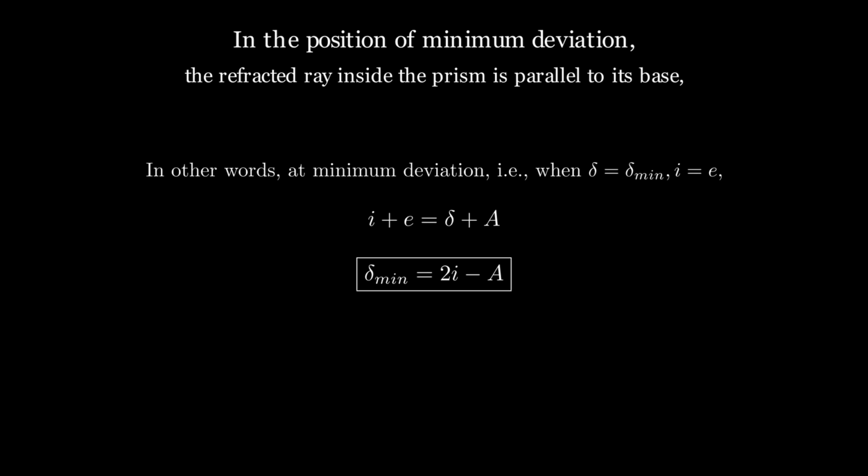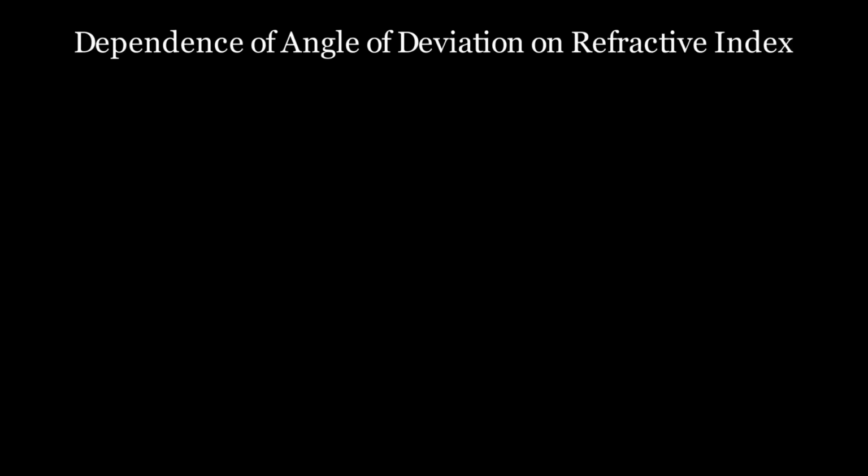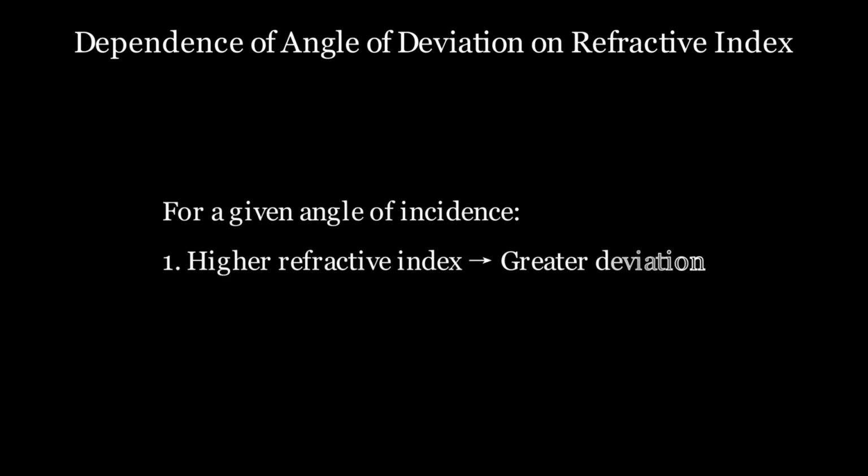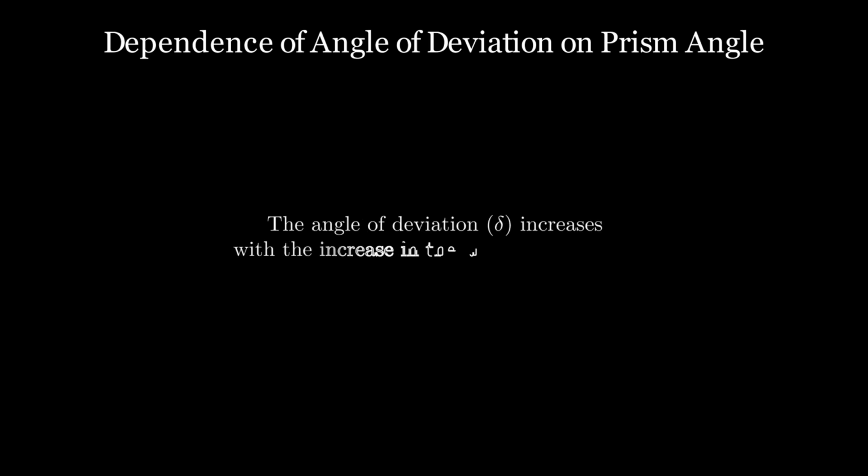Now for our second factor, that is refractive index. For a given angle of incidence, with increase in refractive index, the angle of deviation also increases. Our third factor, which is the angle of prism, also directly impacts the angle of deviation. That is, with increase in the angle of prism, the angle of deviation also increases.